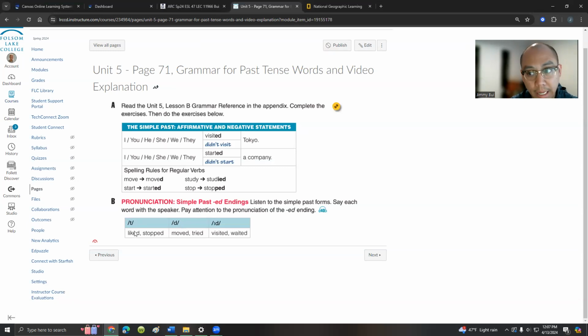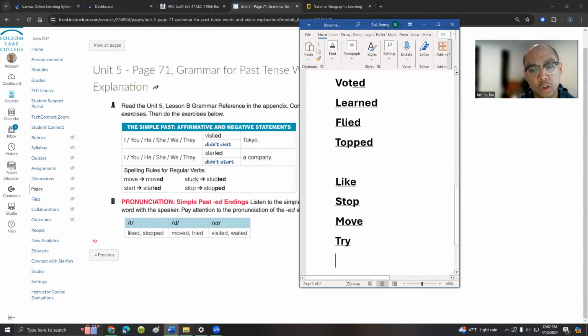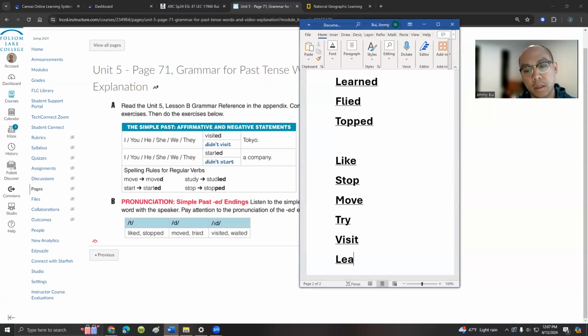To determine the ending of the sound, it depends on the last sound in the present tense. So what that means, okay, we have like, stop, move, try, visit, and mind.